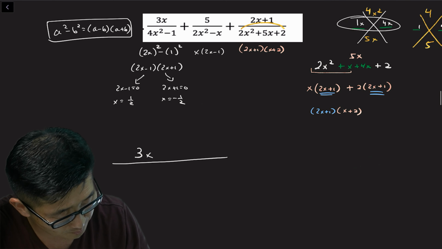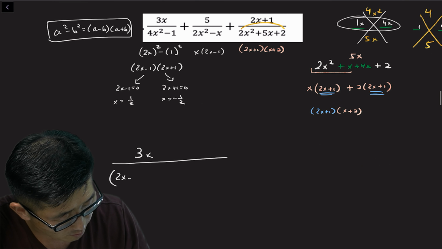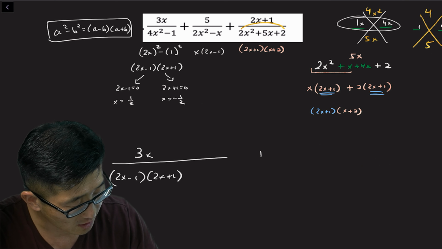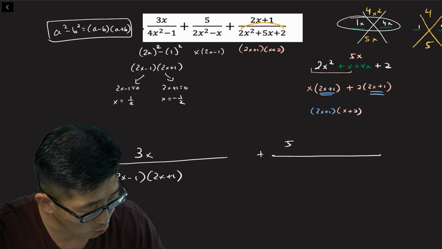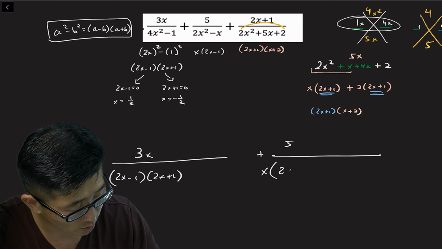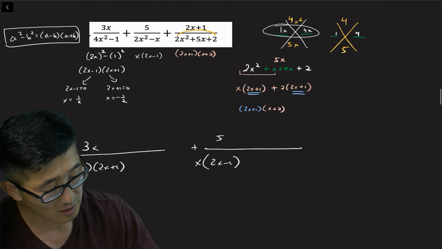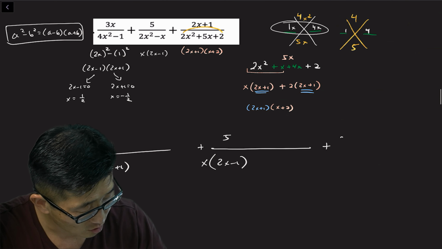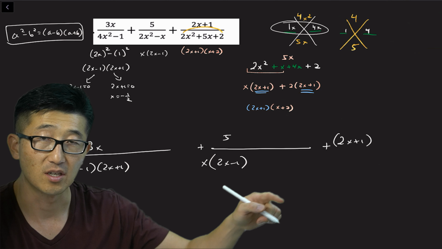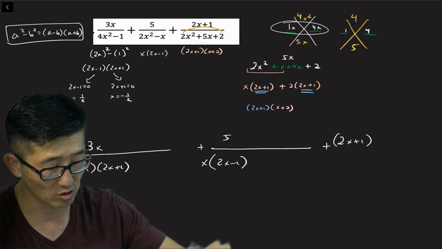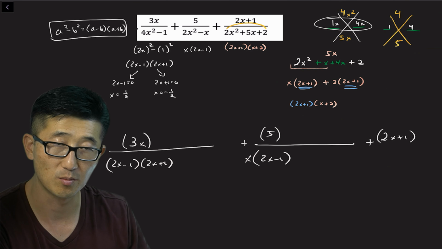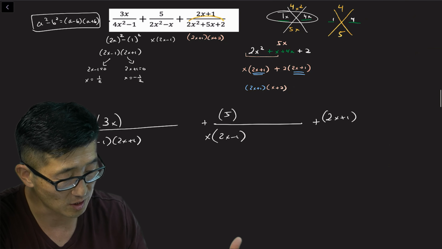So this will become 2x minus 1, 2x plus 1, plus 5 over, okay, this is going to be pretty big, x parenthesis 2x minus 1. And then the last one, 2x plus 1. And again, every time I see a binomial on a fraction, I like to put parentheses around it. You could technically put parentheses on all of these. It just helps when it comes to multiplying things out and you don't make a mistake.